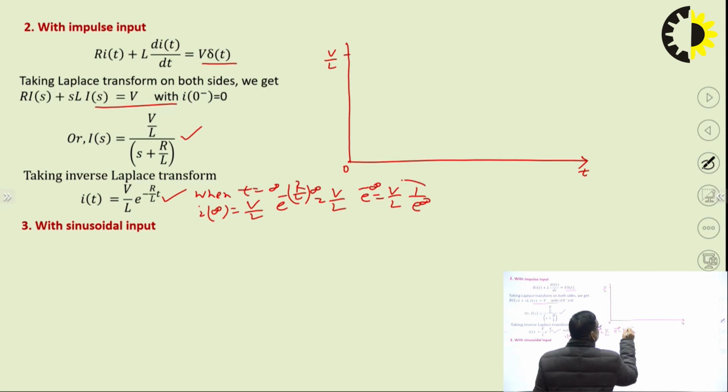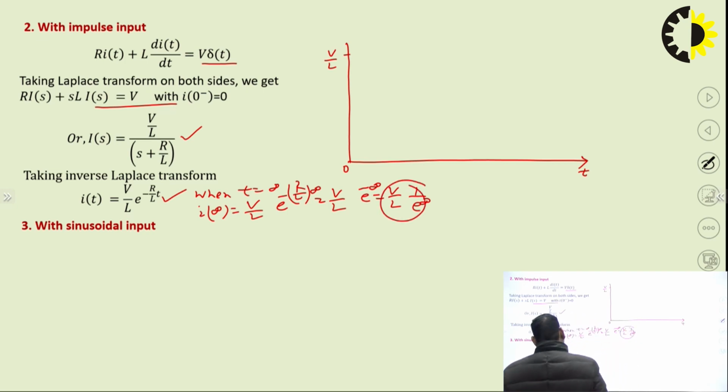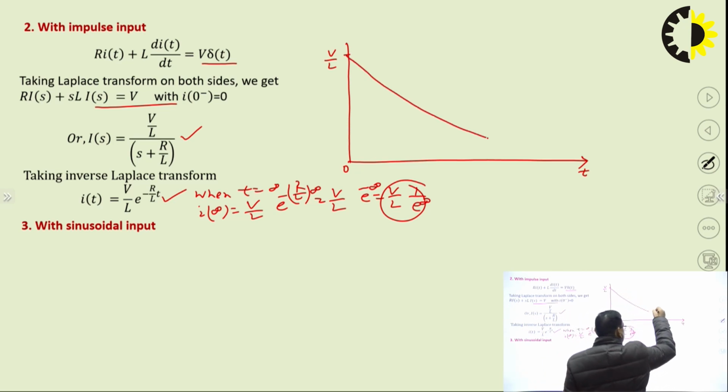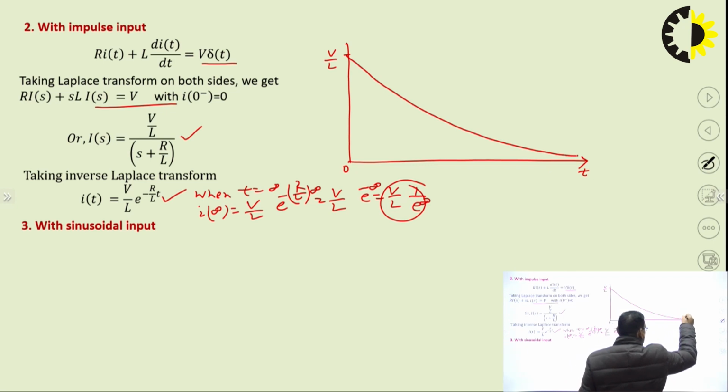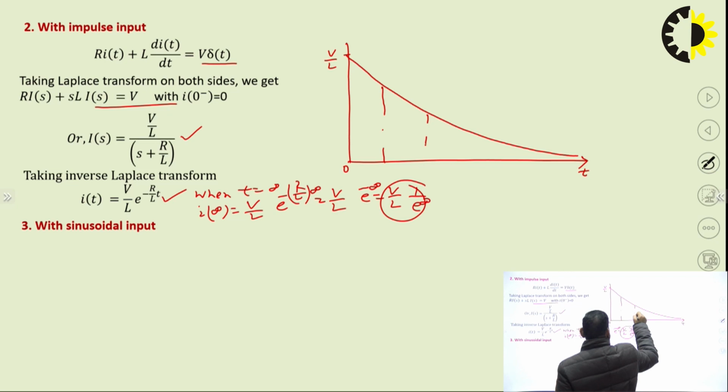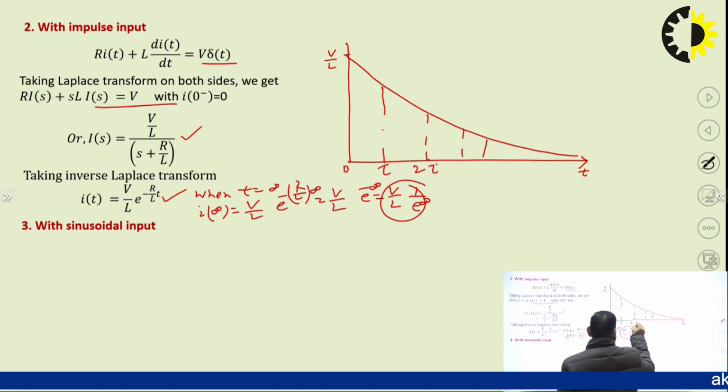So, its value is 0. So, when t tends to infinity, the response will be like this, asymptotic along the time axis, and at t equal to infinity its value is 0. It will start from V by L, and we can have 1 time constant, 2 time constant, 3 time constant, and so on, 1 tau, 2 tau, 3 tau, and so on.